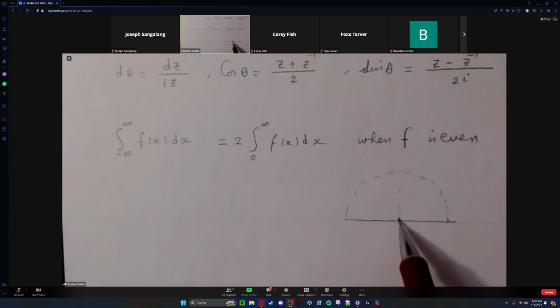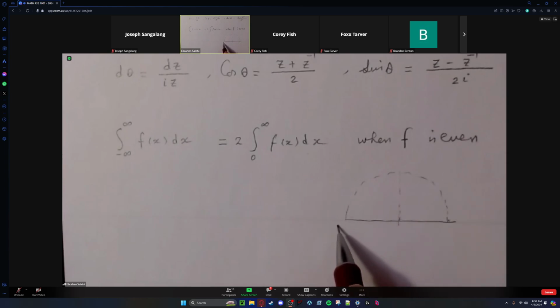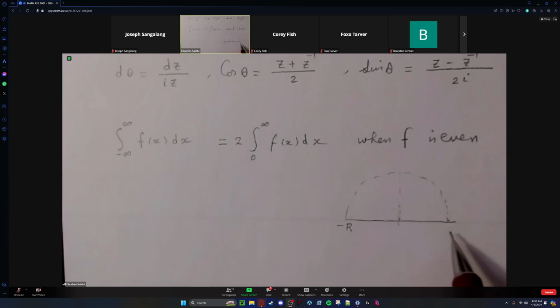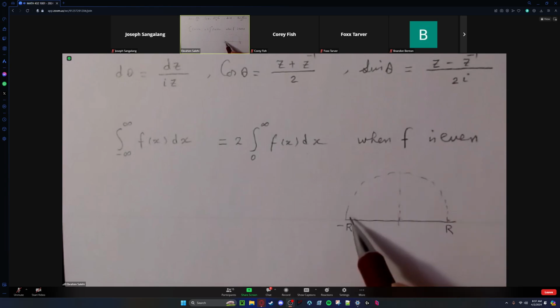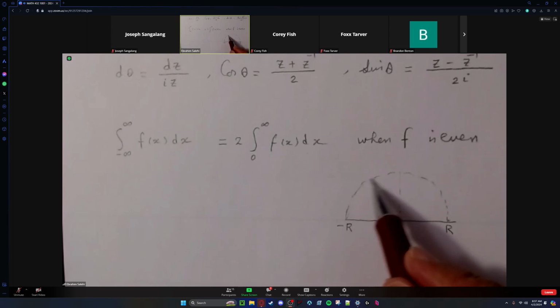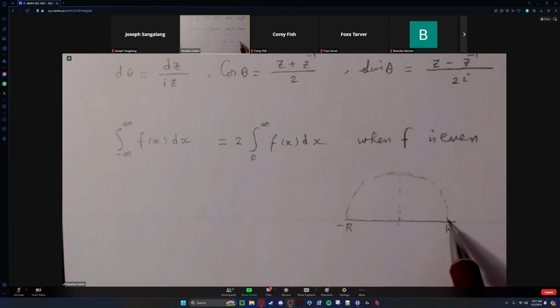All right, the semicircle. Here is negative R. Here is R. And I said, okay, let's call this semicircle just CR.